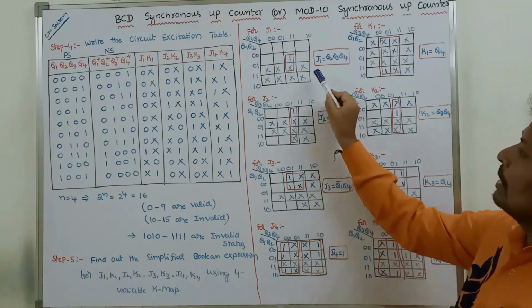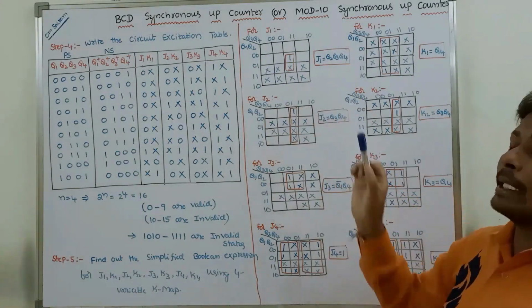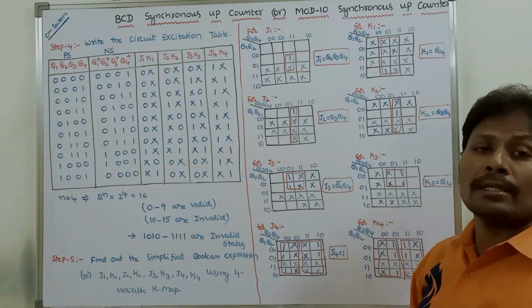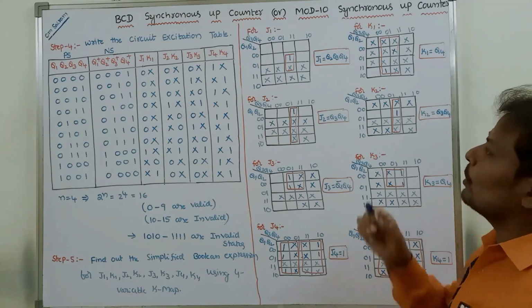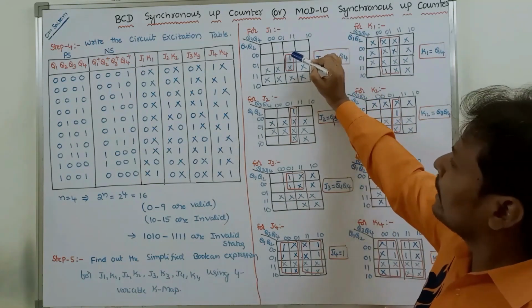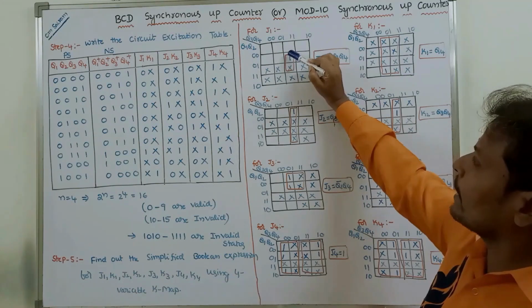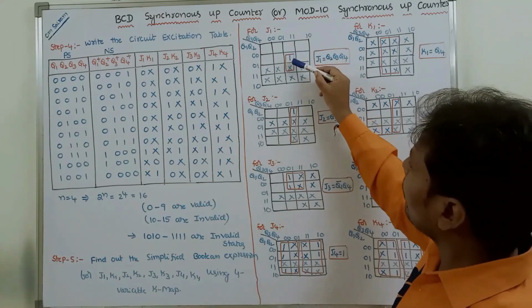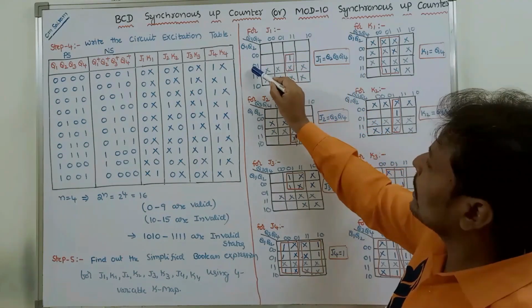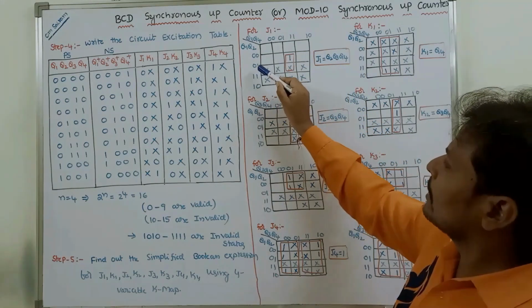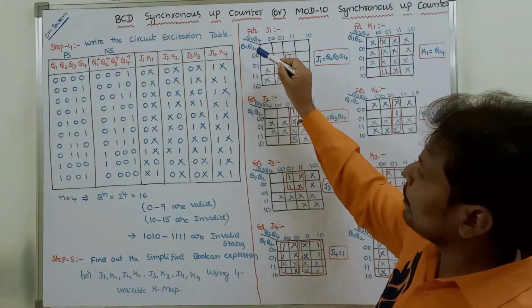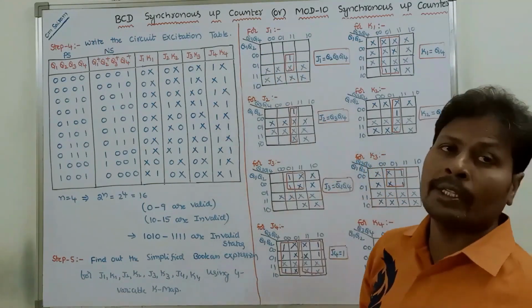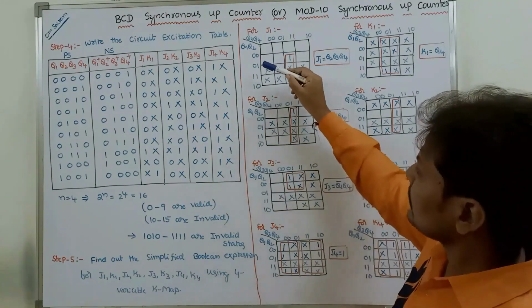So here 8 don't cares are there. They cannot be formed as an oct. Only a single pair we are getting. This one and this don't care can be formed as a pair. For this pair, on the horizontal side, 0, 1, 1, 1 is there. The first digit belongs to Q1, 0, 1. Both are different, so we ignore them.